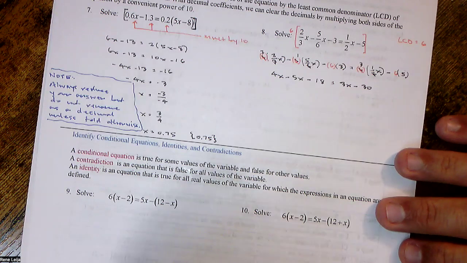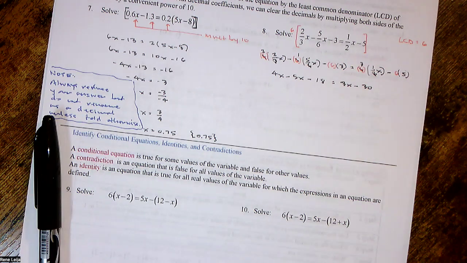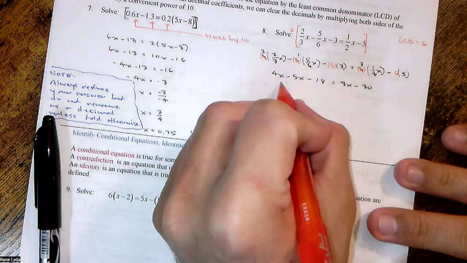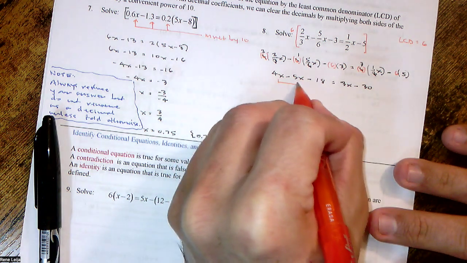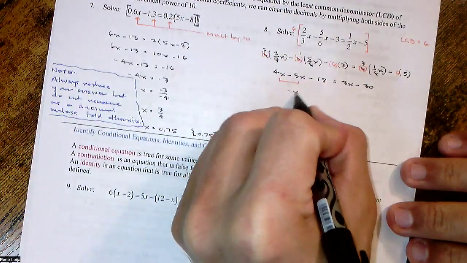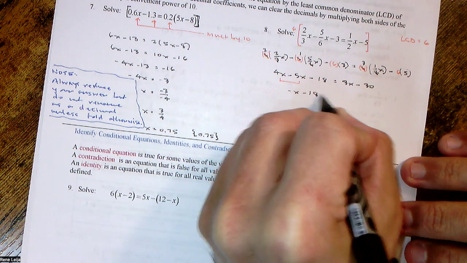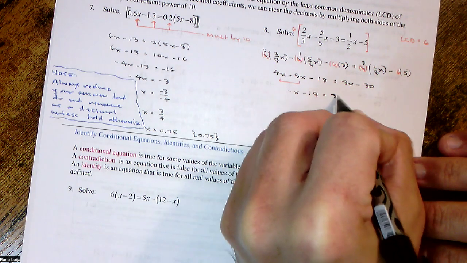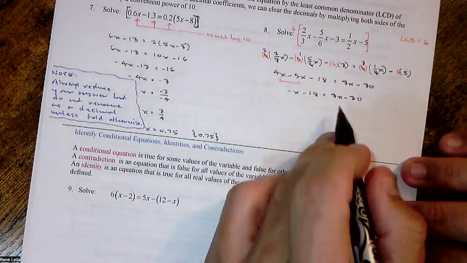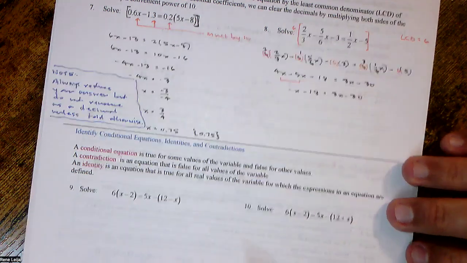Okay, now again, we're not going to start moving things around. So what we're going to do is clean up what we've got. So I can clean up these two terms. So that's going to give me minus x minus 18 equals 3x minus 30. Now I'm going to start moving my terms around.